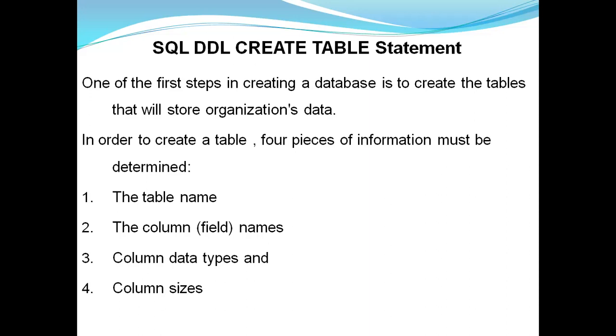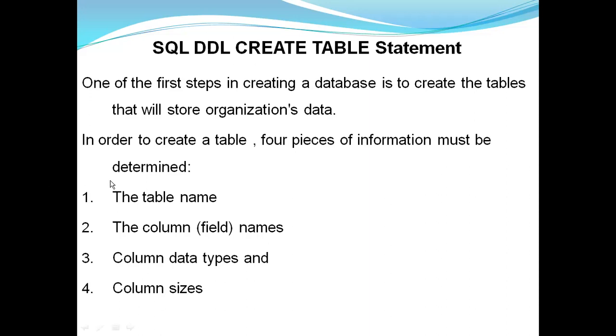We almost know what a data type is, but the major data types we use, we'll discuss here. Then finally, the fourth thing is called column size. Now size depends on two things. One, the limit of the data type you are using. Second is your requirement.